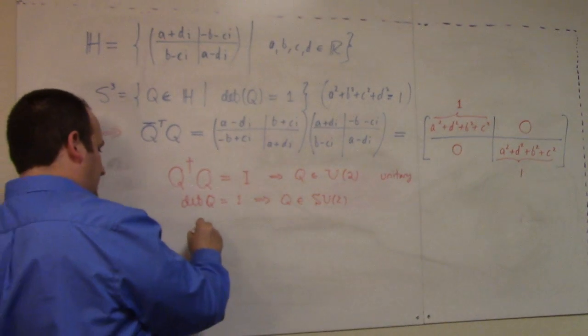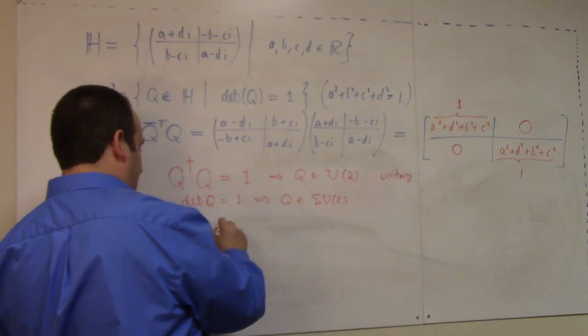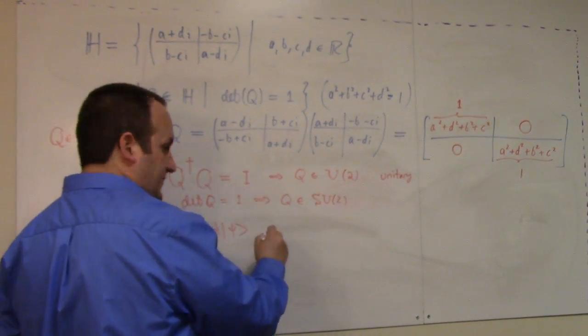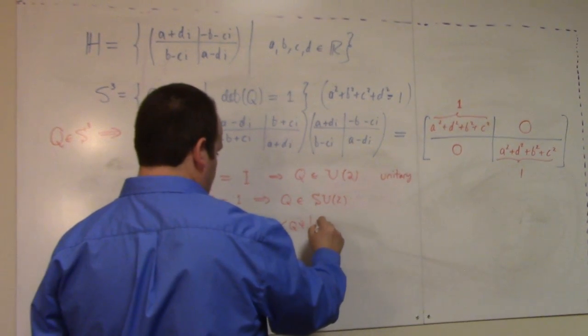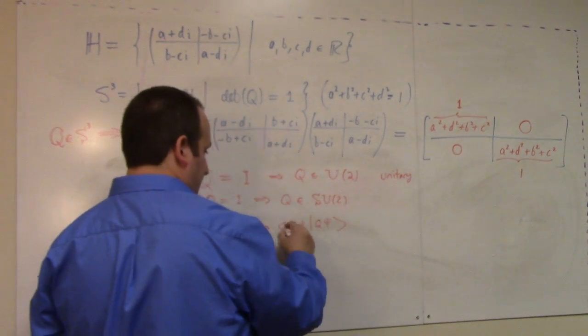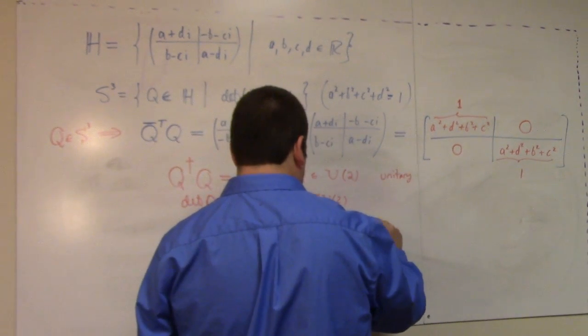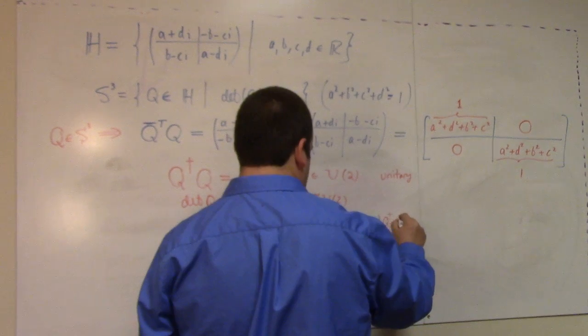If you transform psi to Q psi, that's the same as psi, Q dagger Q psi.